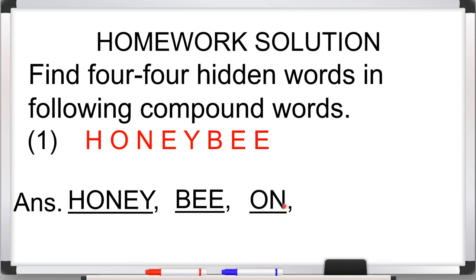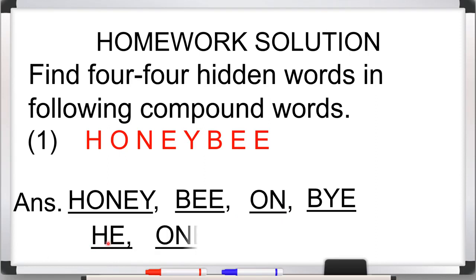Okay, on means per. This is a preposition. Okay, BYE, by. Next word is he, he, वह. One means एक. No means नहीं. And I means आँख. Understood beta? We can make many more words by using this compound word. Okay, honeybee.